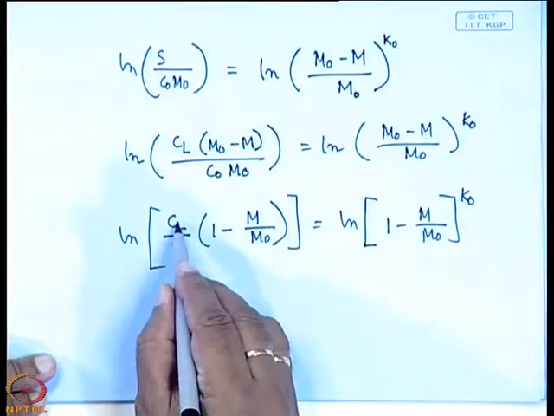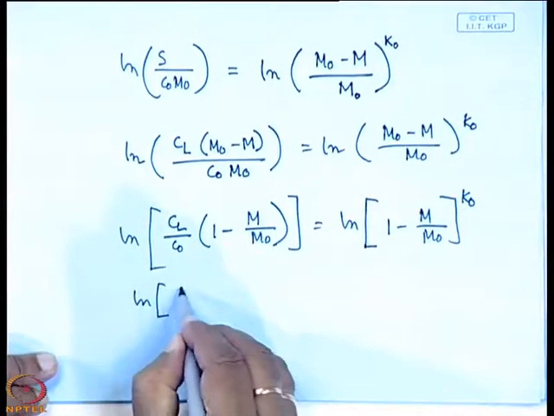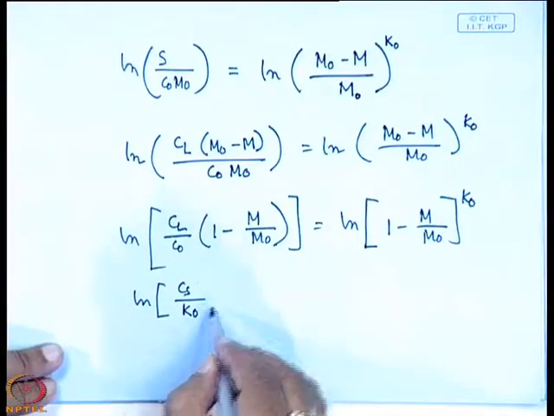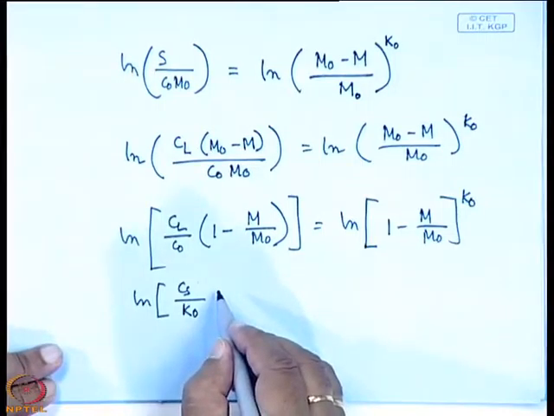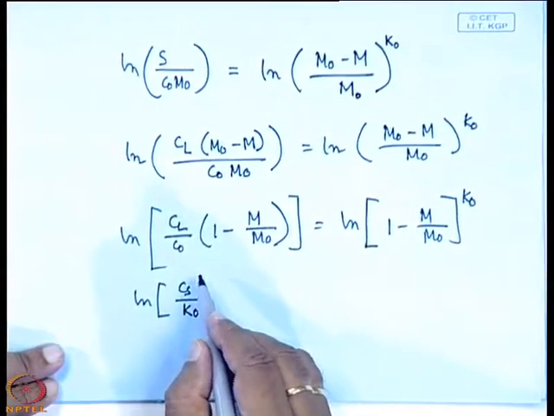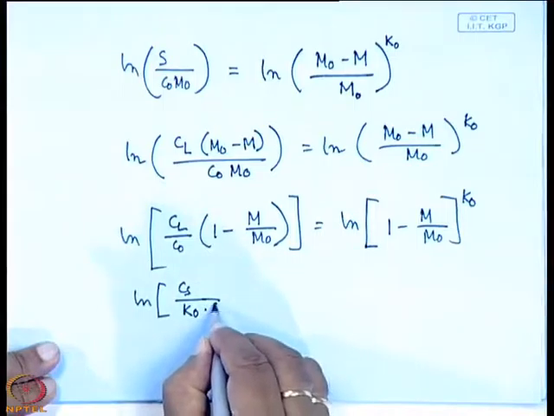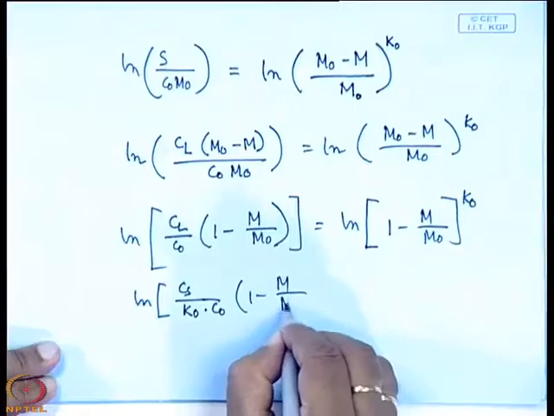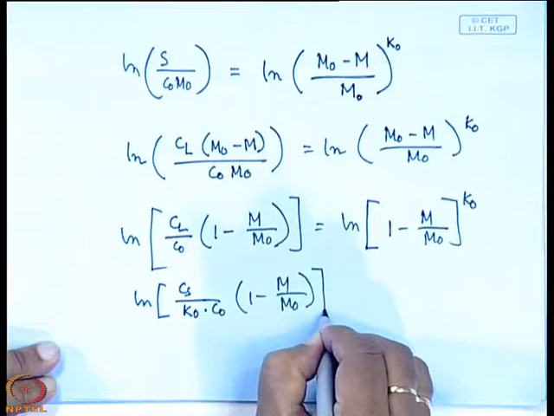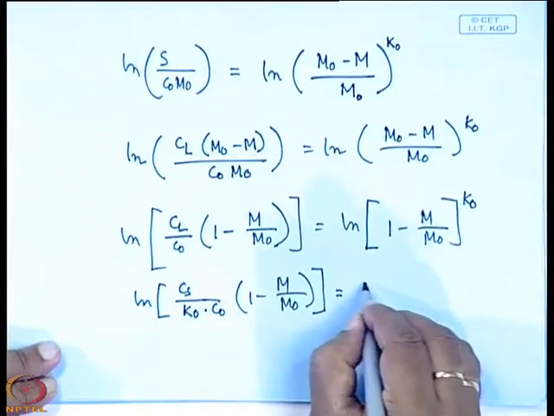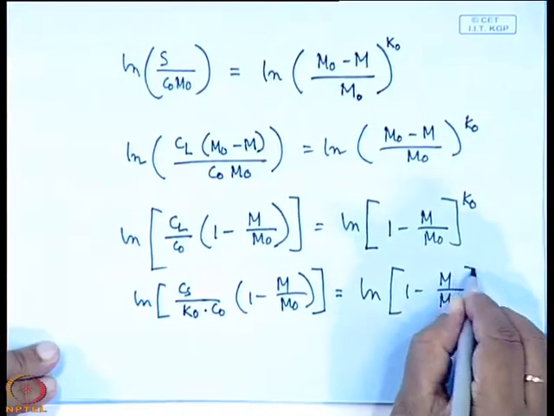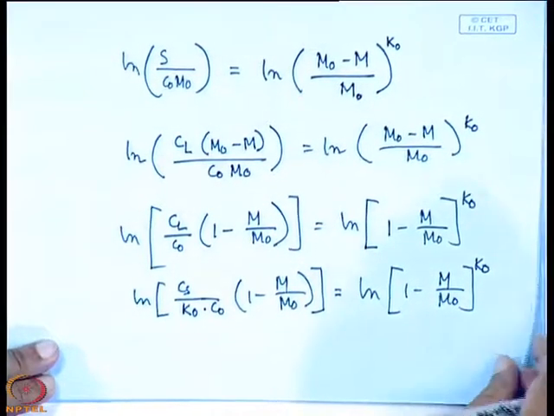Here you see in place of Cl you write Cs by k0. So it is Cs by k0 into C0, 1 minus m by m0, it is ln of 1 minus m by m0 to the power k0, okay, right.